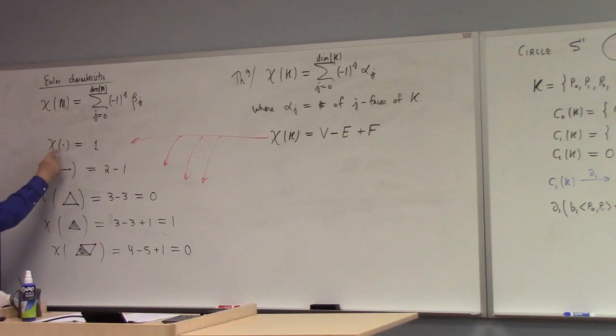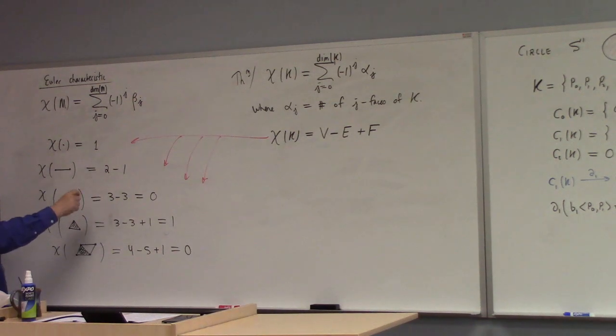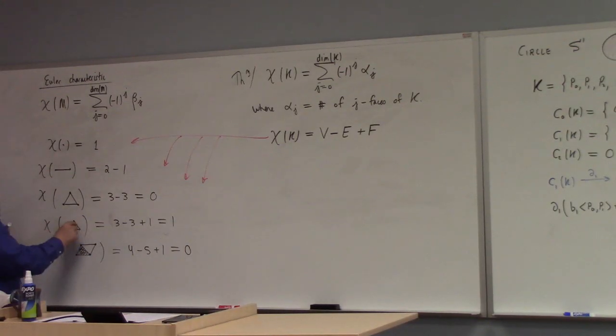Number of vertices, 1. Number of edges, 0, faces 0, so 1. Here we got 2 vertices, 1 edge, 2 minus 1. Here we've got 3 vertices and 3 edges, 0. Here we've got 3 vertices, 3 edges, 1 face, 1.